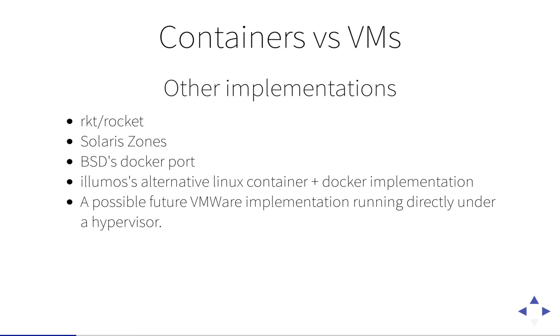Another containerization implementation is Solaris Zones. This has been around for quite a while, more than a decade, and Solaris Zones have the benefit of being very secure. Currently, with Linux containers, Docker containers, it is plenty for isolation between your own apps, but you do not want to run hostile code in a container on a machine that has other containers.